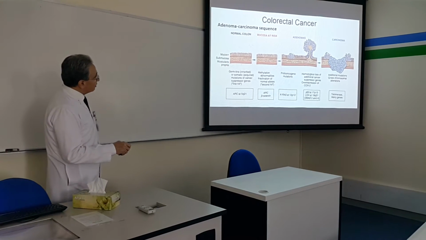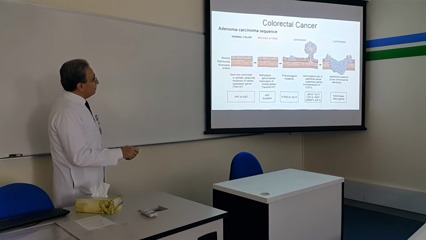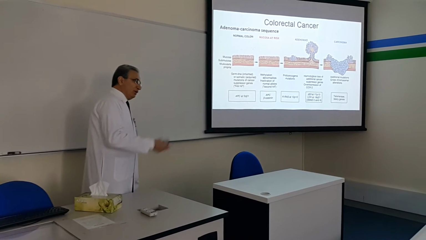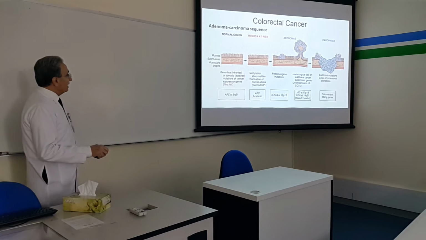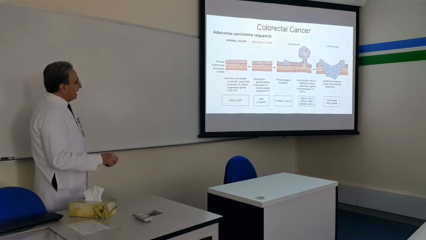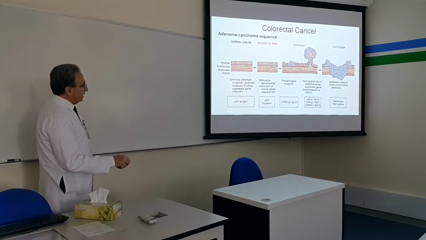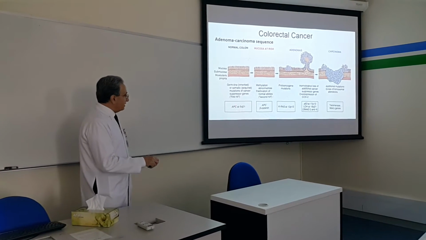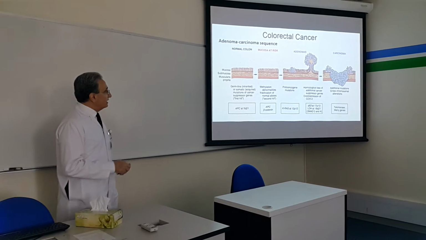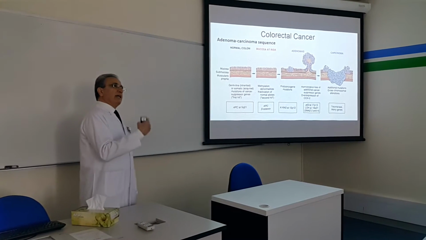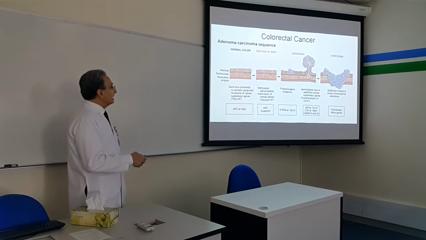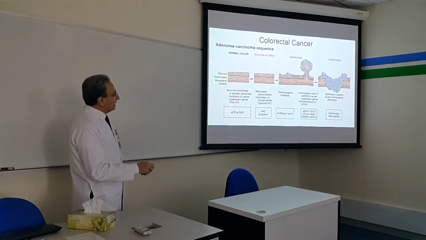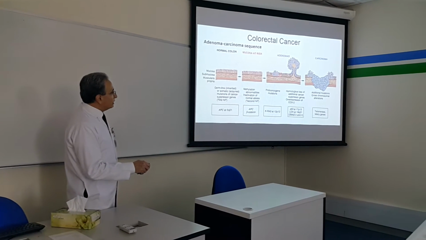A normal mucosa becomes a mucosa at risk, that means it may develop a tumor or neoplasm, because of what we call a first hit, hitting one allele of the APC, adenomatous polyposis coli gene, on chromosome 5q. Then there will be a second hit attacking the other allele of the same gene, and then it's not a mucosa at risk anymore, but may develop an adenoma.